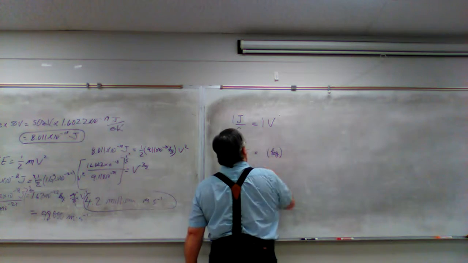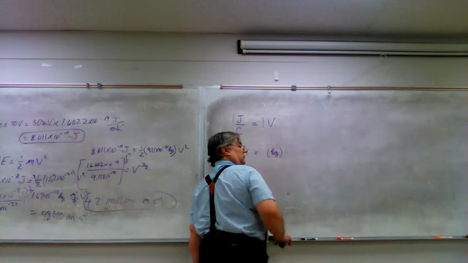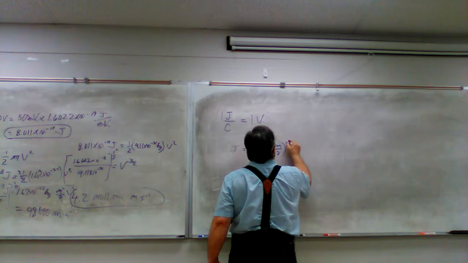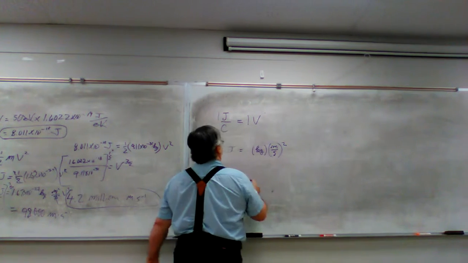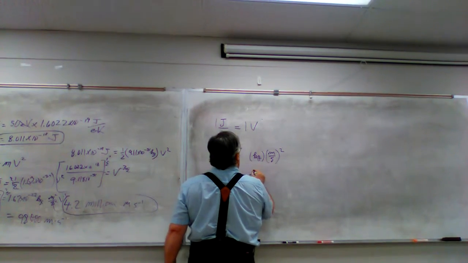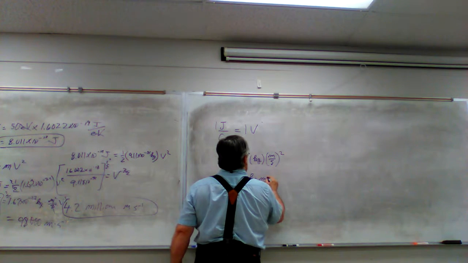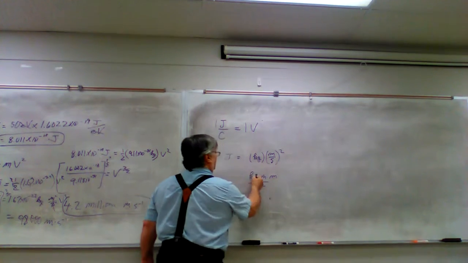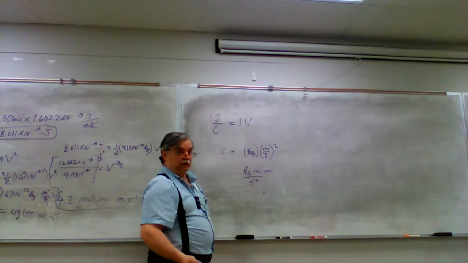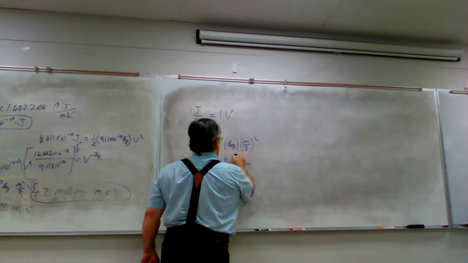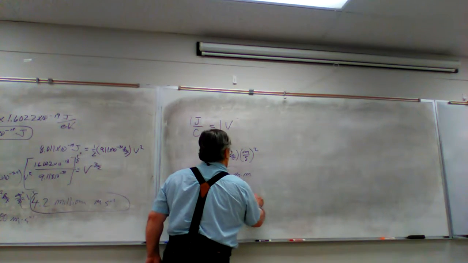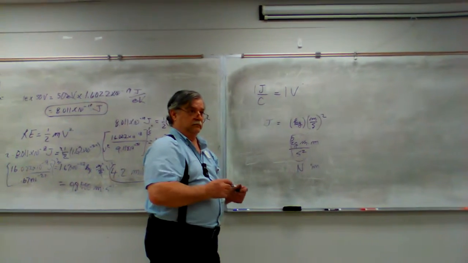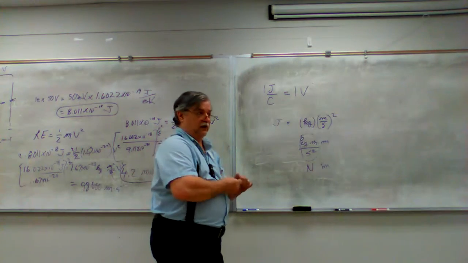The half doesn't matter, it's unitless. Times velocity squared, which is meters per second squared. Kilograms, meters, times meters per second squared. Meters per second squared is acceleration. Mass times acceleration is force, so that's a Newton meter, which is a joule, a unit of energy. Everybody see how that works out?